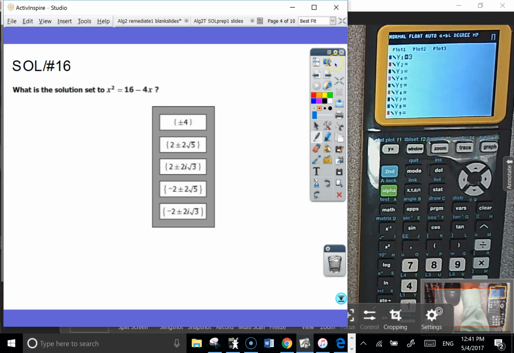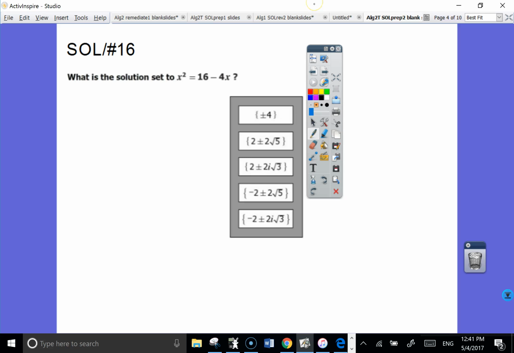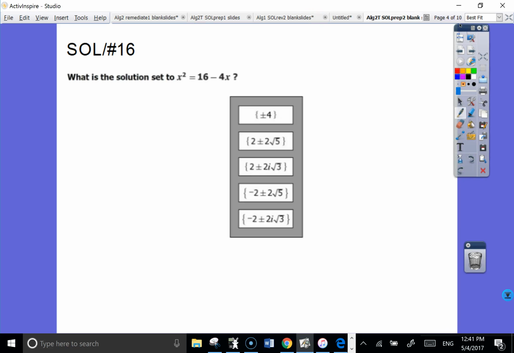Okay, this is number 16. All right, this is solving a quadratic, and it's not in multiple choice format. So what are my options here?